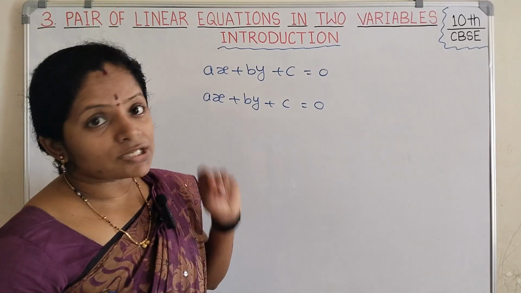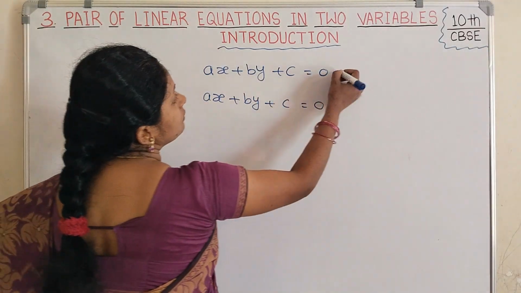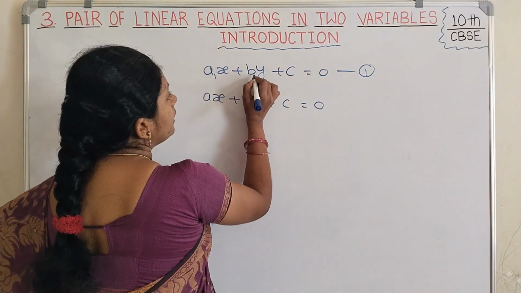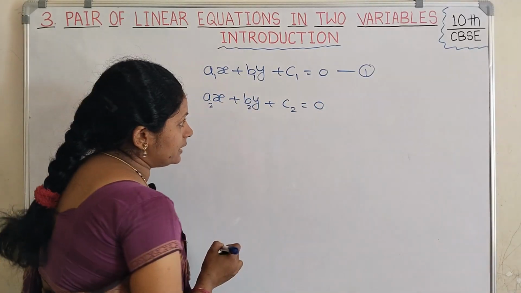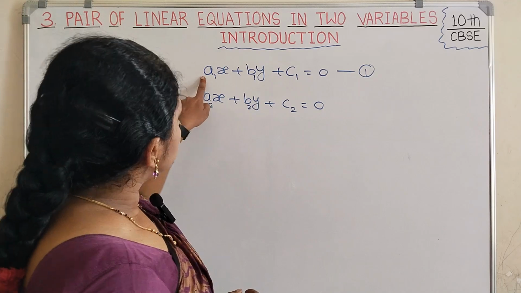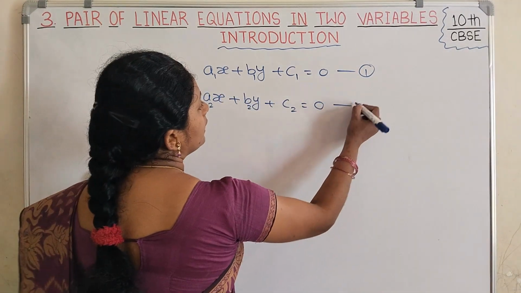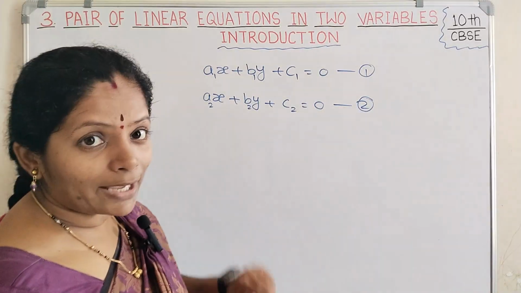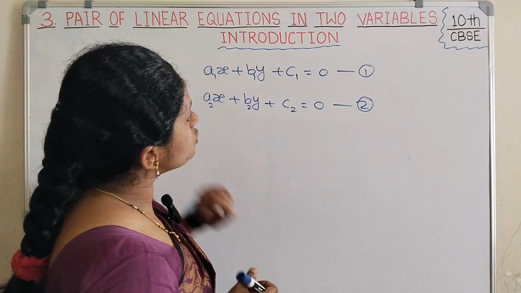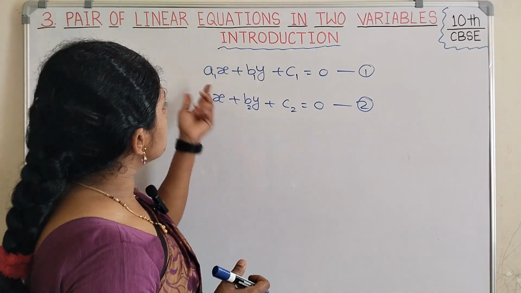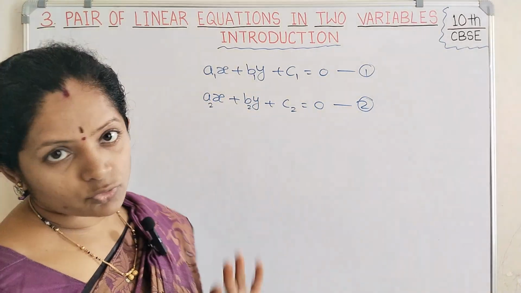To differentiate between equation number 1 and 2, let us take a1, b1 and c1 for the first equation, and a2, b2 and c2 for the second. a1 is the coefficient of x in the first equation, and a2 is the coefficient of x, but in the second equation. Like that, to differentiate between these two equations, we use these coefficients as well as the constants. c1 and c2, these two are the constants.